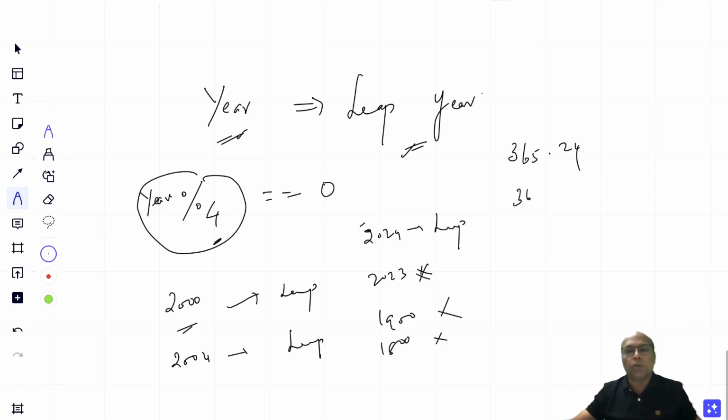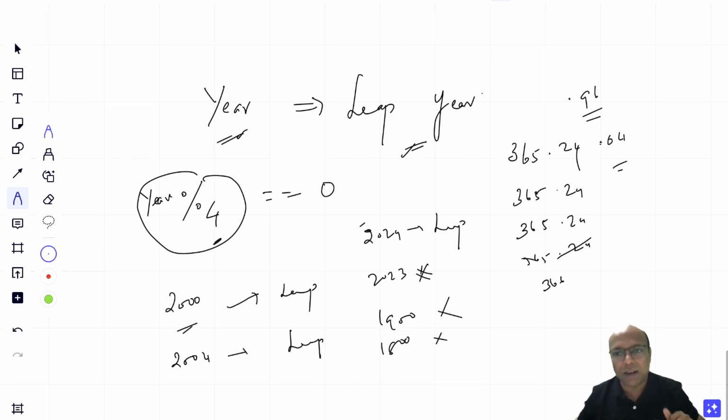What we do: 365.24, 365.24 and 365.24, when I add on the fourth year, the 0.24 we add up and make it 366. But the challenge here is that when you add 0.24 four times, it is not 1, it is 0.96. We are running a shortage of 0.04.